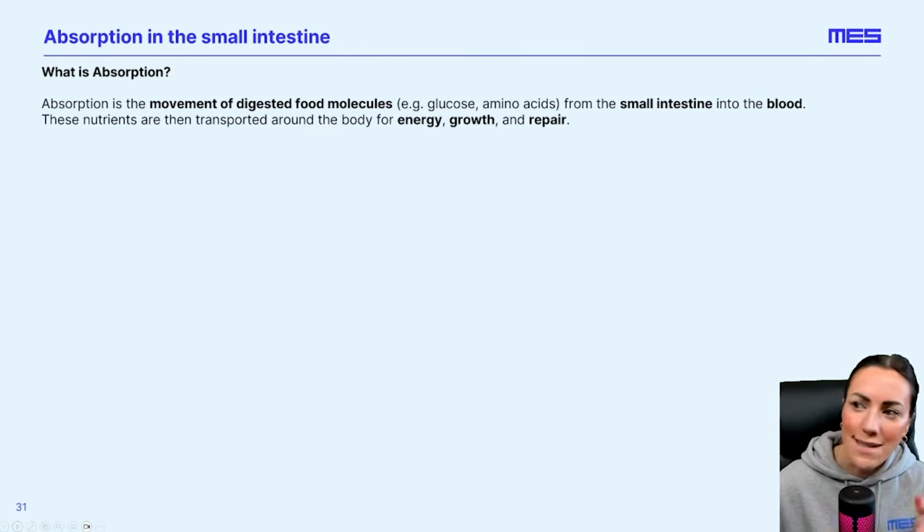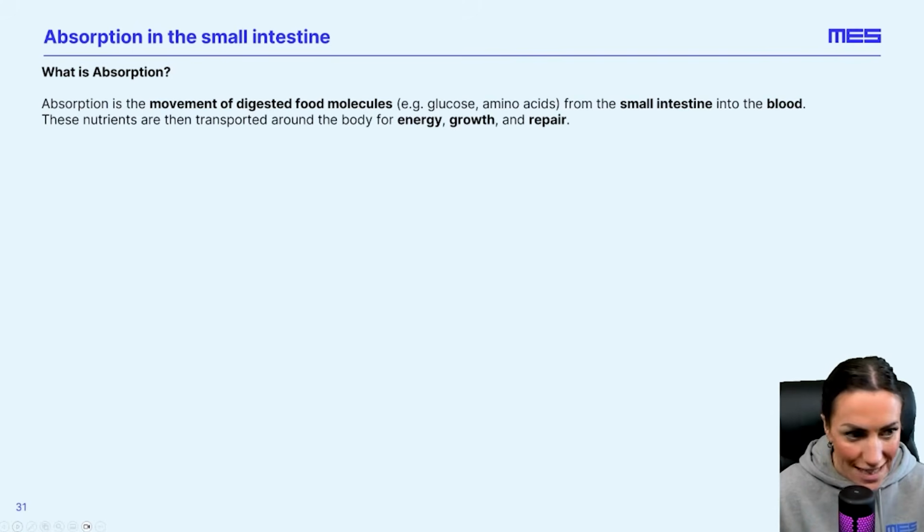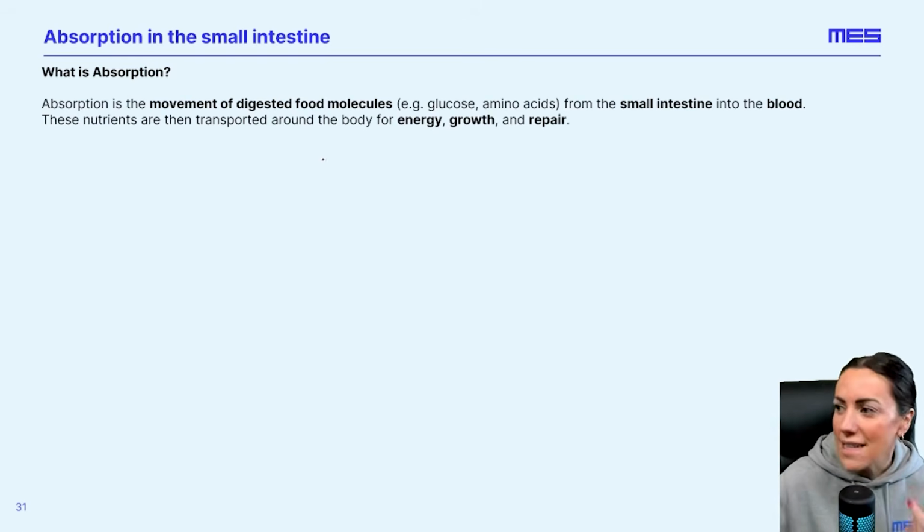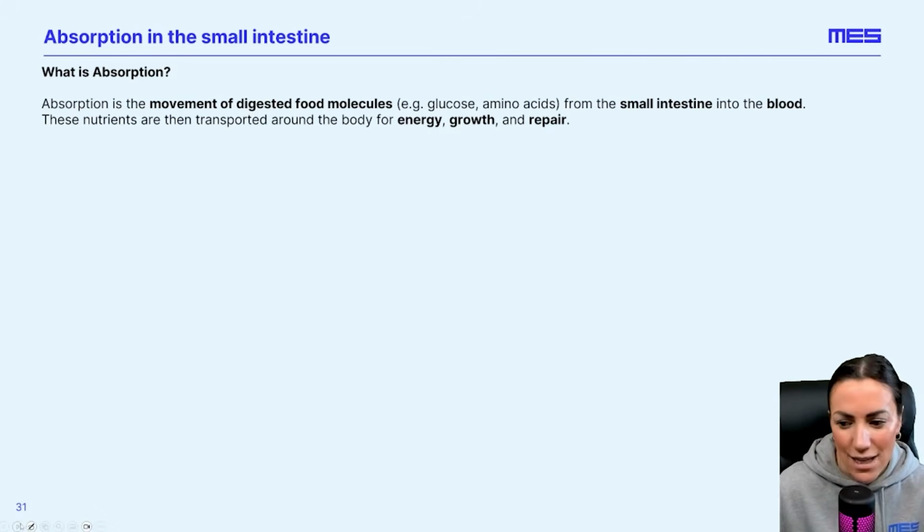They can then be transported in our bloodstream around our body, delivered to our cells. So our cells can use glucose for respiration, to release energy, or use amino acids to make protein so we can grow and repair tissues, etc.